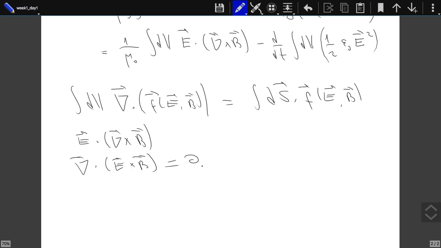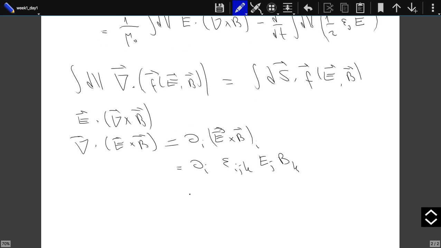So this is equal to the derivative with respect to x_i of the i component of E cross B. That i component is epsilon ijk E_j B_k. Well, now I can take the derivative.